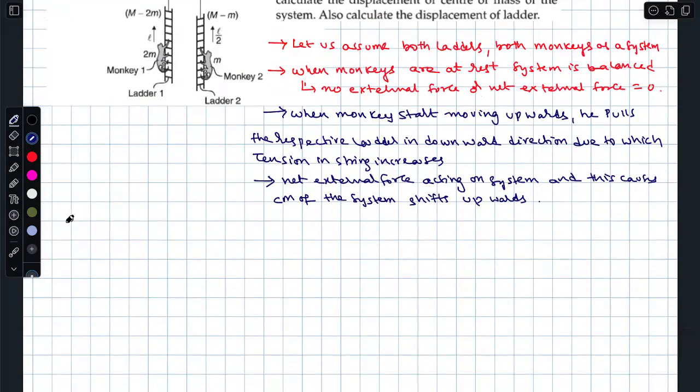So now I am writing very clearly one by one. Displacement of ladder 1. Ladder 1, and the labeling is already given here. Displacement of ladder 1 is Y upwards.